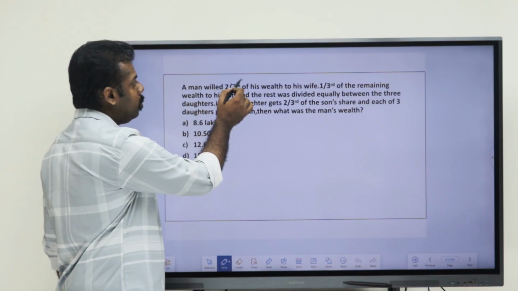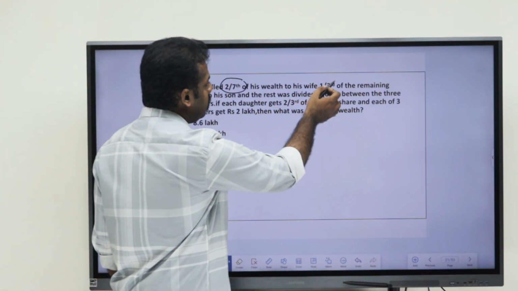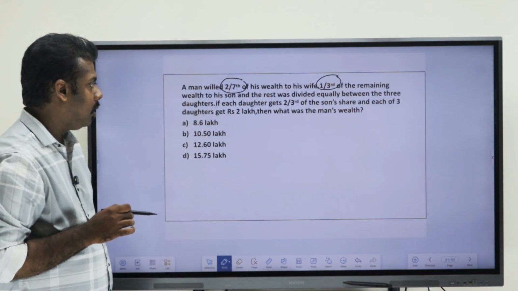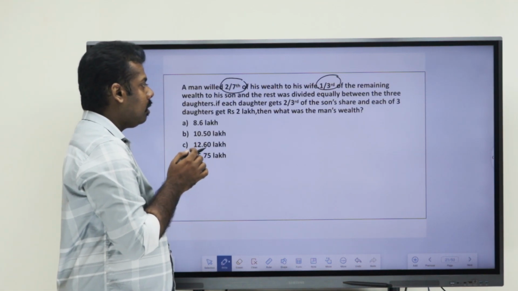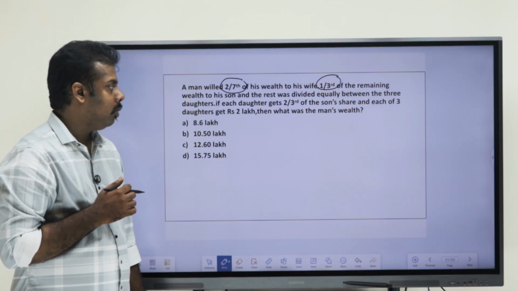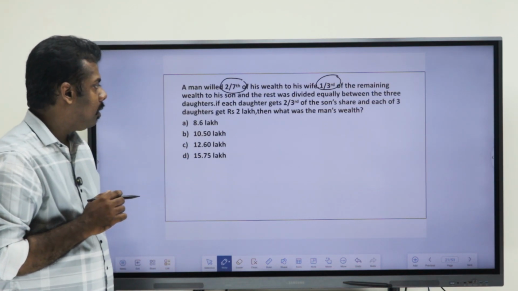First he has told about 2/7, then 1/3 he has given to his son. Then the rest he has given to his three daughters, and each daughter is getting 2/3 of the son's share. And they have also told that each daughter is getting 2 lakhs as well.